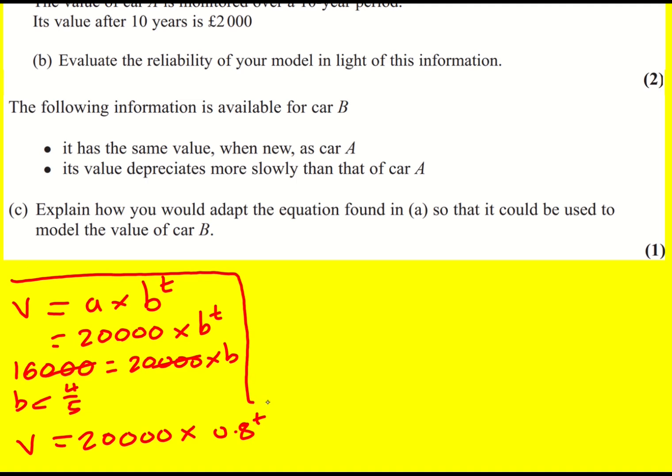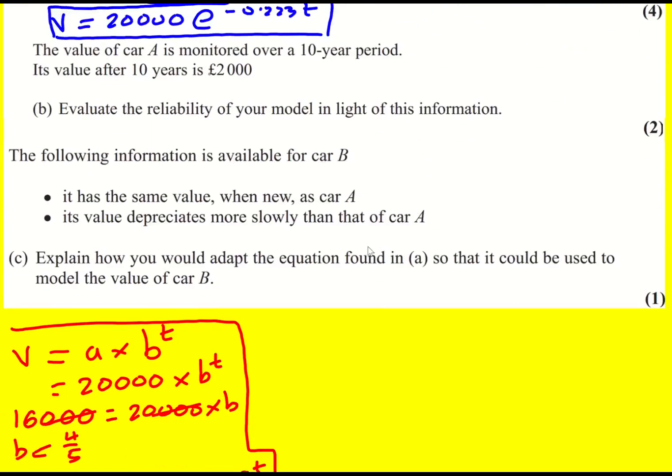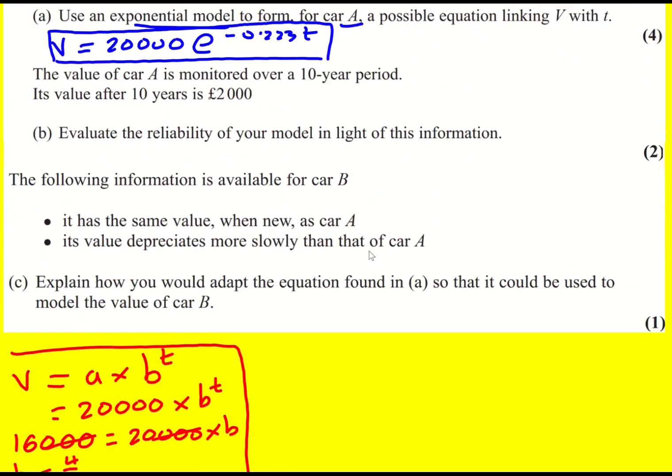So you might prefer to do that. I actually think it looks a bit neater here. It tells you that every time time goes up by a year, it's going to decrease by 20%. You just get that naturally. You could go from the exponential to this, by the way, because you could work out what e to the minus 0.223 and so on is, and then raise it to the power t. It would actually be 0.8. So you can go between the two.